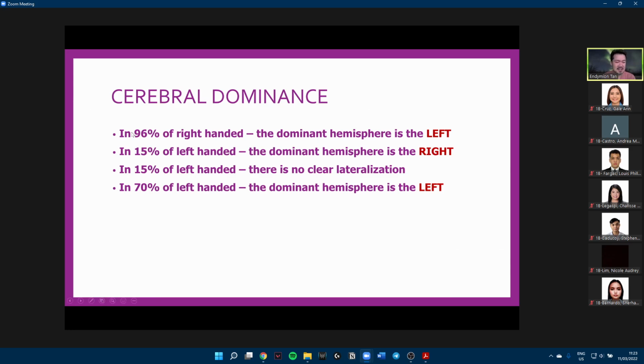So this tells us that almost all of us, regardless of right-handed or left-handed, still it is the left brain dominant. Okay, are we clear on that? Most of the population is still left brain dominant.